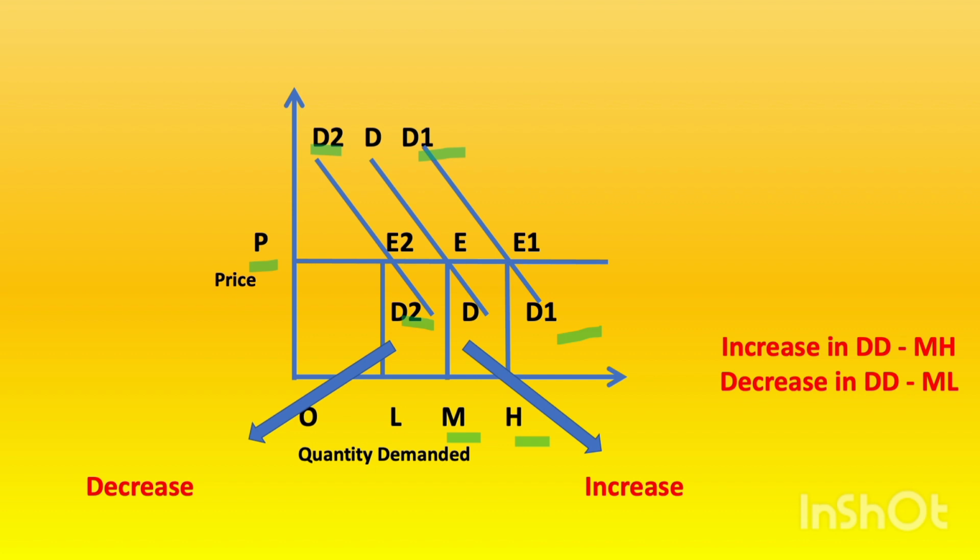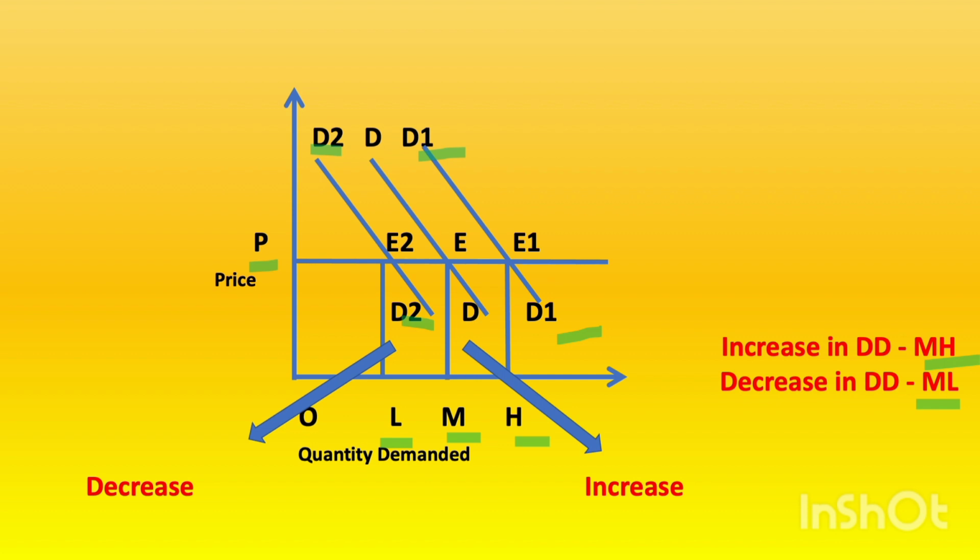So here you can say that the demand has decreased from OM to OL. Okay, so this decrease from M to L, you tell it as a decrease. Okay, so the increase in demand is M to H and the decrease in demand is M to L. Okay, so this is said to be increase and decrease in demand.